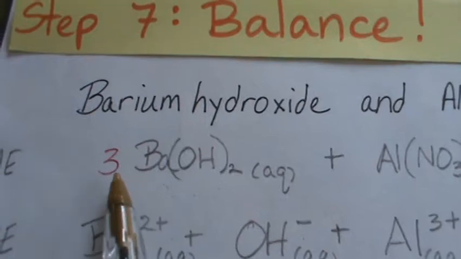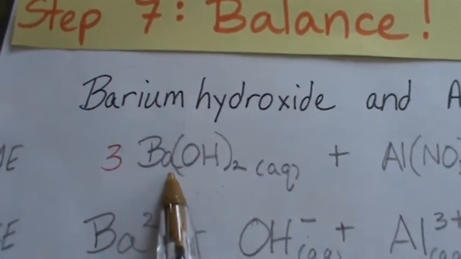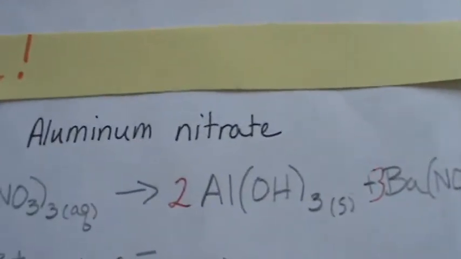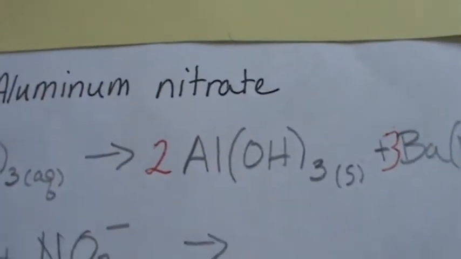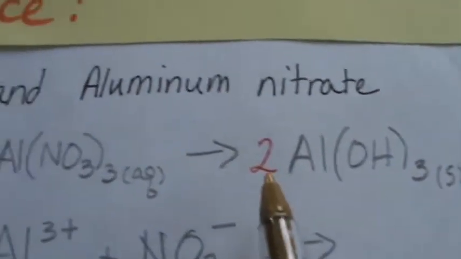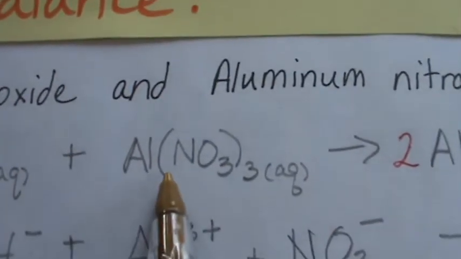And now I notice that I have 3 barium ions here. So I'm going to come over here and see that I have barium nitrate. I need 3 bariums here as well. So I'm going to put in a 3 right there. And now I look at my product here. I have 2 aluminum hydroxides, which means I need 2 aluminums on my reactant side.